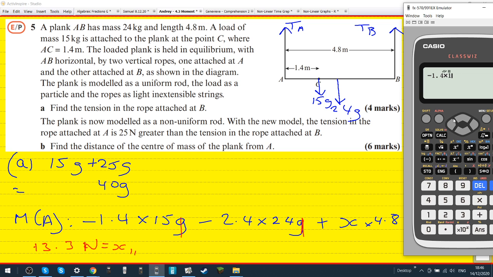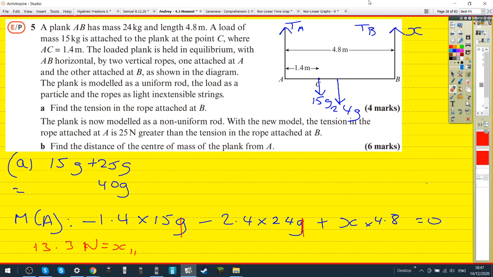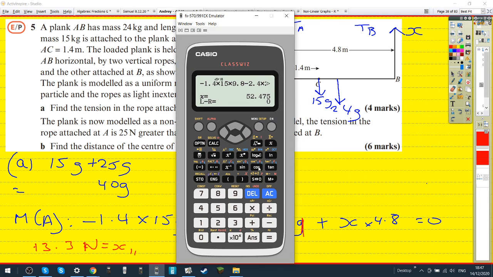Okay. 52.3. If I multiply this by 9.8, 52.475. Yeah.